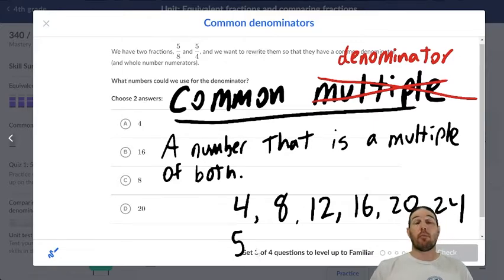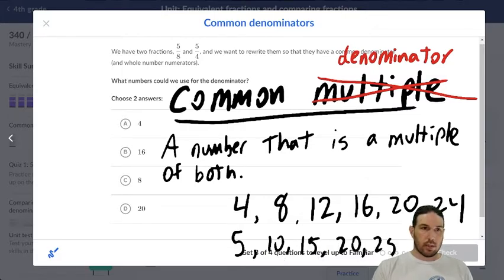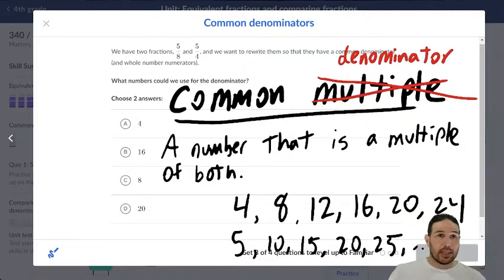If I was to count multiples of 5, I would get 5, 10, 15, 20, 25, etc. So a common multiple is anything that is common, that is the same between these 2 lists.